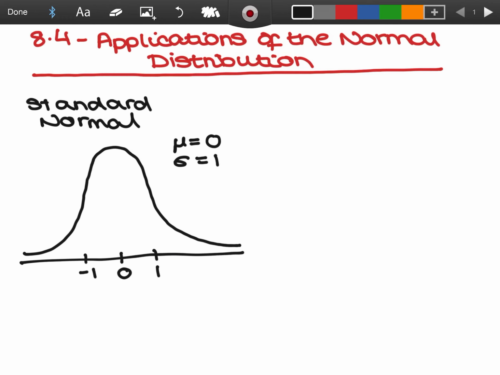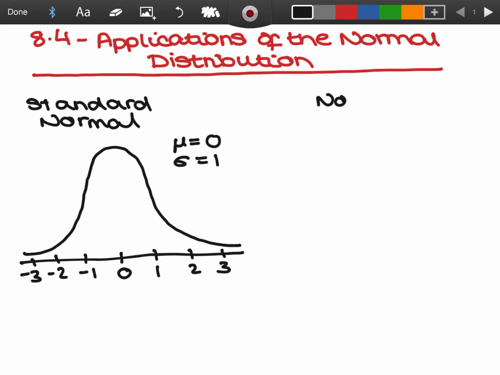So 68% of your data, roughly, lies between the values of -1 and 1, and it just so happens that 1 is your standard deviation in this case. Then roughly 95% of your data lies between -2 and 2, and roughly 99.7% of your data lies between -3 and 3.